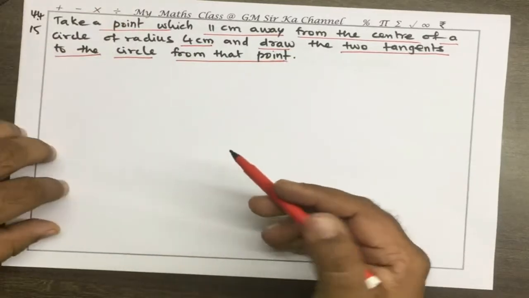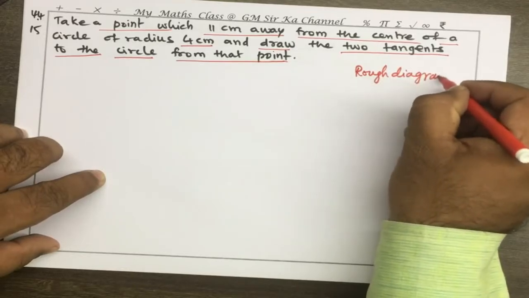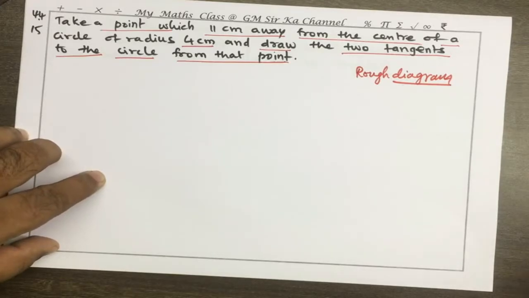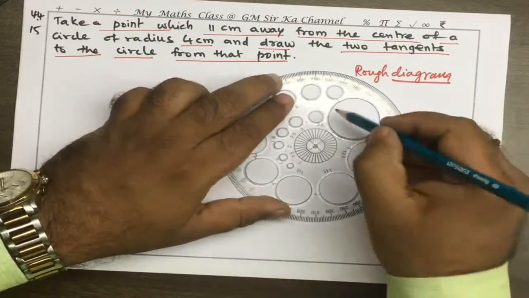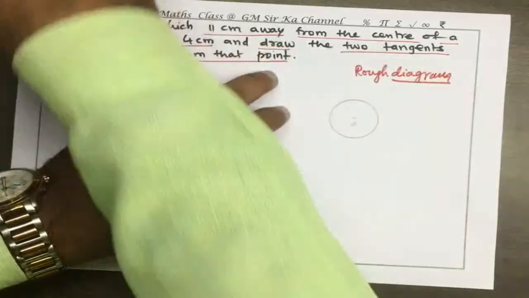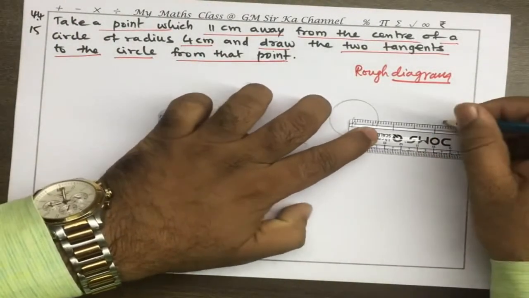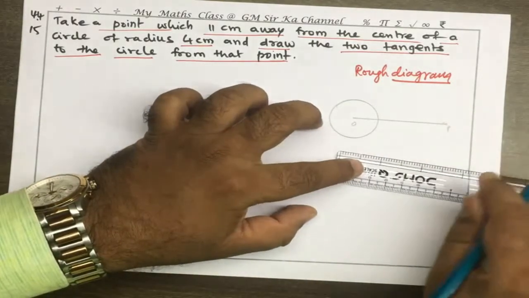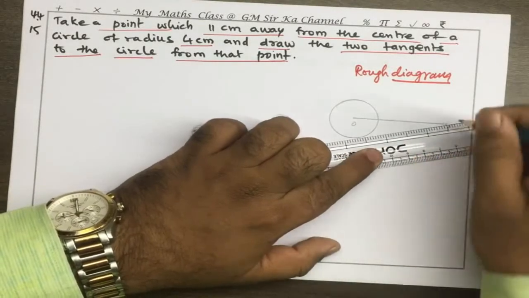First of all, we must draw the rough diagram. So the rough diagram can be drawn. Any point center O and the point which is 11 centimeter away from the circle is taken as P. From that point we have to draw the two tangents.